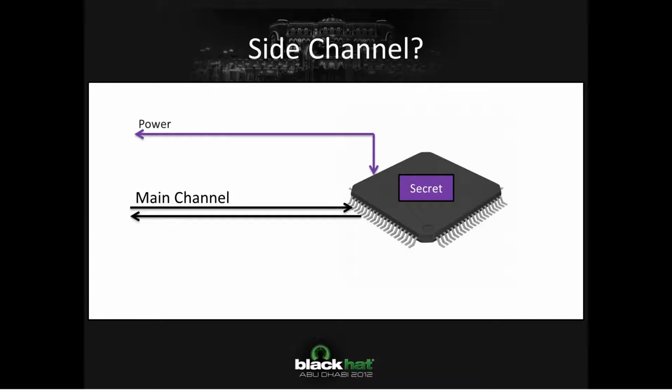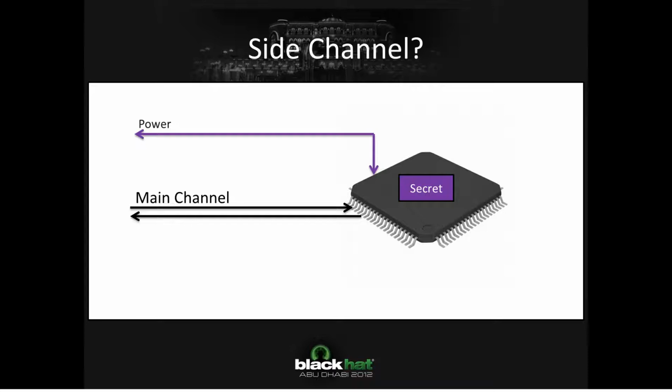So the side channel is saying, well, that's true theoretically that there's only one way to communicate with the device, but maybe there's other ways to communicate with the device that probably weren't intended, probably either manufacturing defects or some aspect of how the device was created.